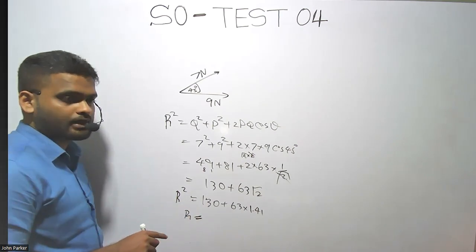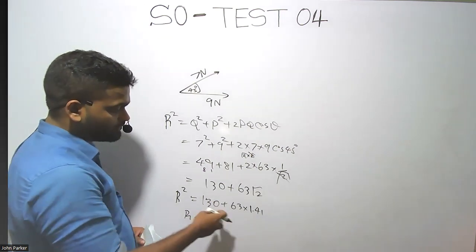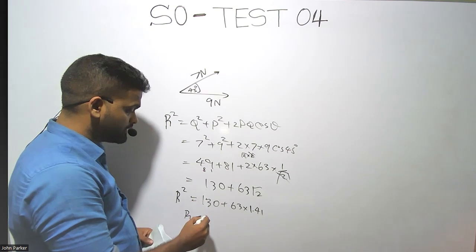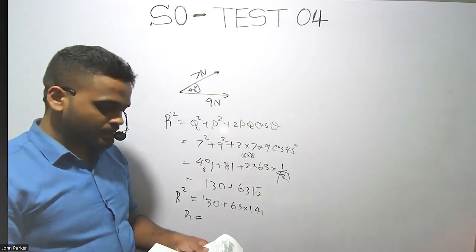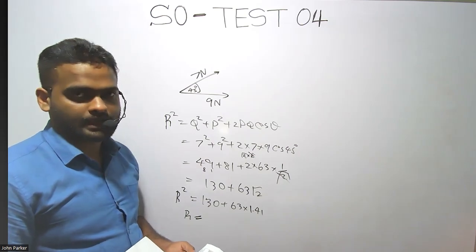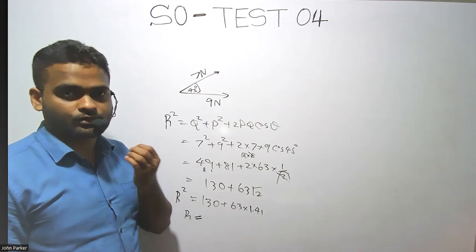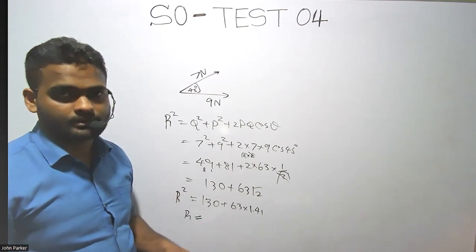Here you need to use logarithms in order to find the square root of this whole thing. In order to find the square root of this, you need to go for logarithms. Don't use calculators, right? Don't do dumb things like that. Use logarithms. The goal of this question is actually to make you use logarithms there.